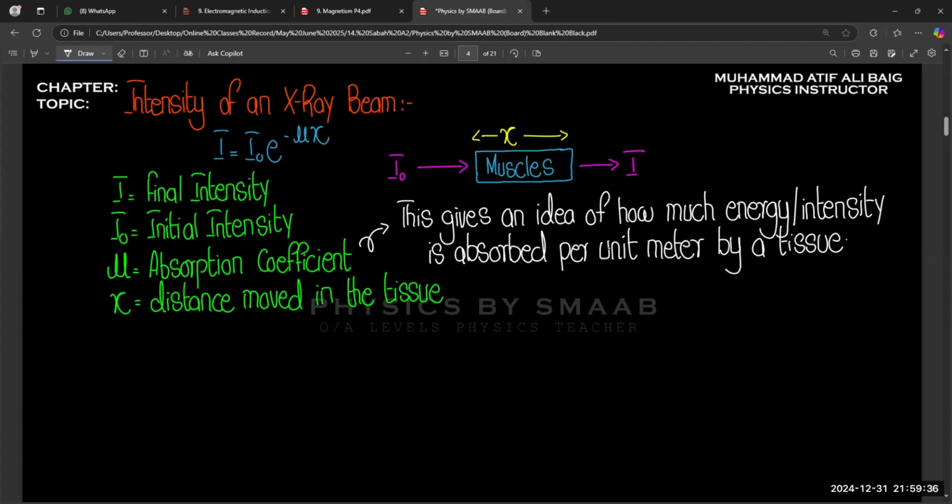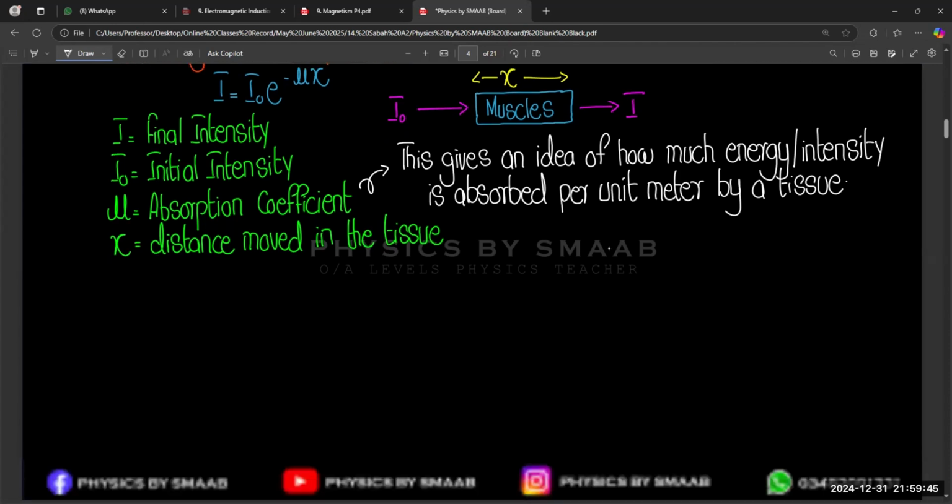Let's suppose we decrease the length to half. That factor is called the half value thickness.